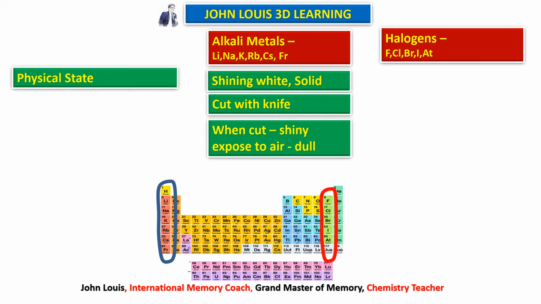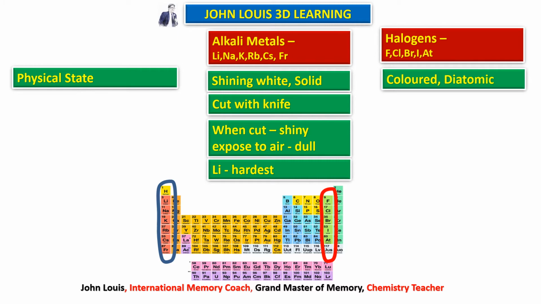When cut, they appear very shiny, but when exposed to air, the shiny color changes into a very dull color. Among all the alkali metals, lithium is the hardest metal.